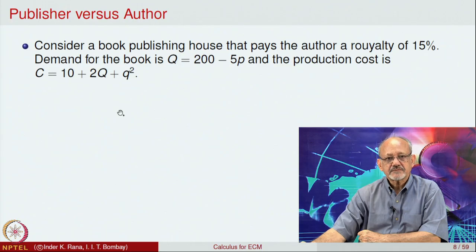Okay. So, this scenario being given, what is it one is interested in? The author would like that there should be maximum possible profit for him from the royalties. That means he would like to know the number of books that should be sold by the publisher, so that his profit is maximized.